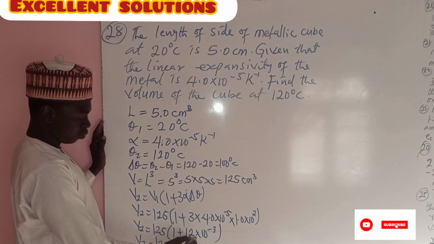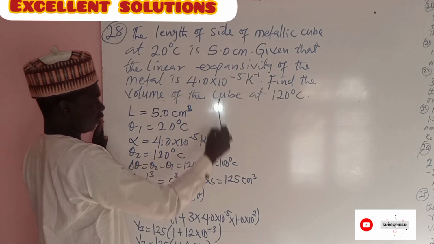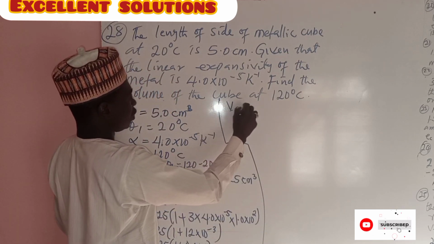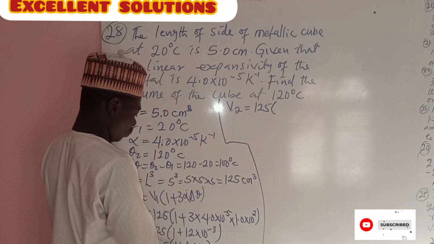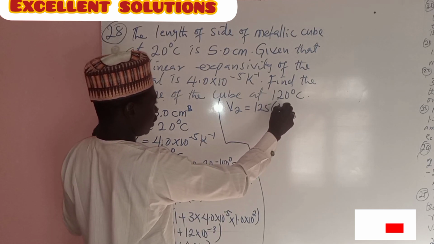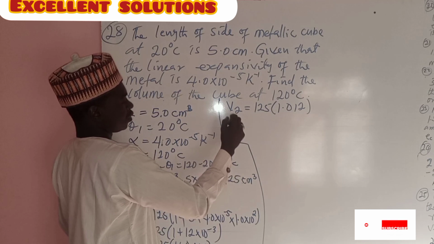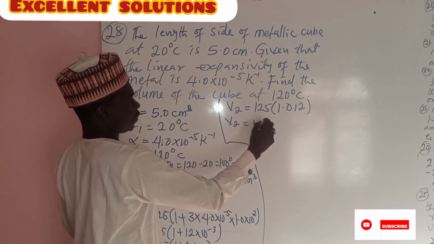Taking our point backward, 1, 2, 3 is minus 12. So this will leave us with V2 equals 125 bracket open 1 plus 0.012. We multiply this. V2 is now equal to 125 times 1, we have 125.